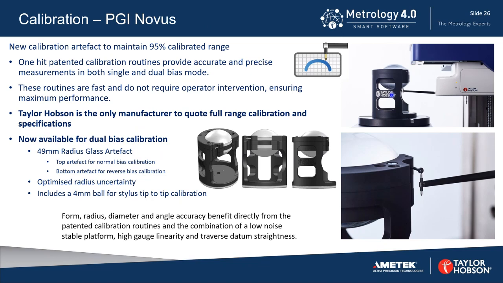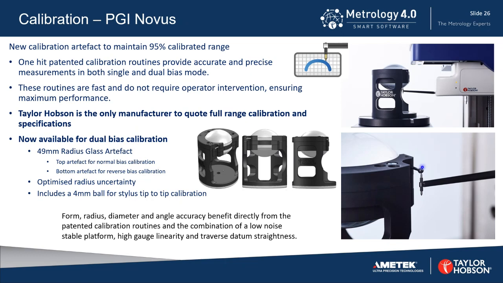So we have 2 calibrations, one for each mode. We also have a third calibration that's shown here. And I mentioned earlier about X offset and Y offset of the stylus tip.